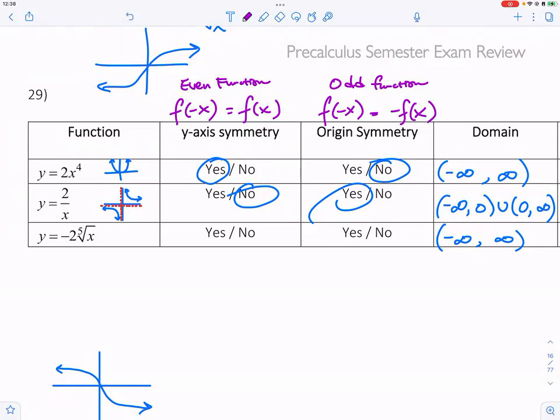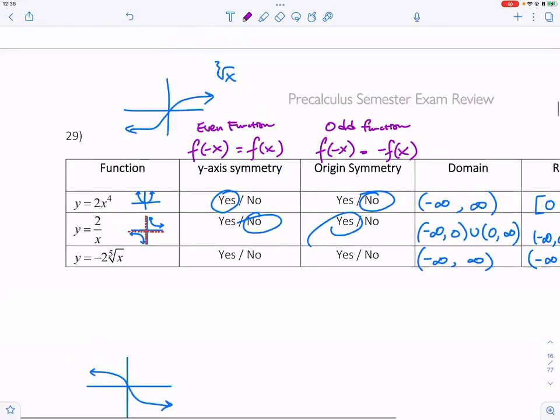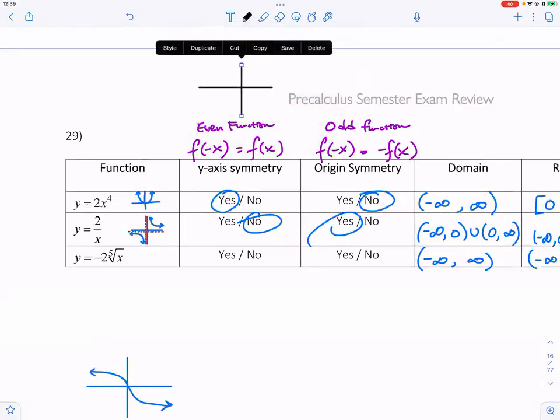Now in class, I also asked you all to draw an x squared function and an x cubed function, because those are really good anchors to show you what an even function is and what an odd function is.